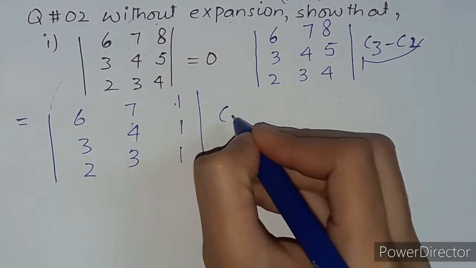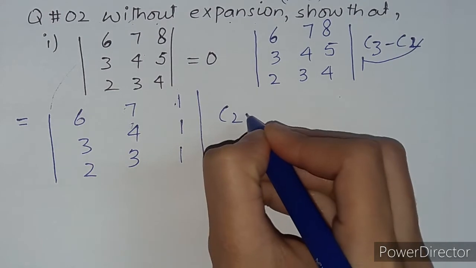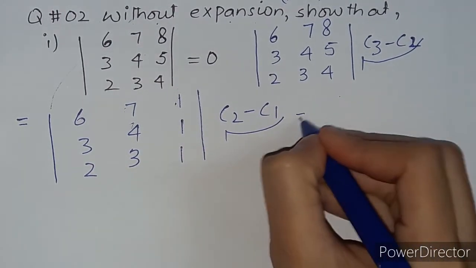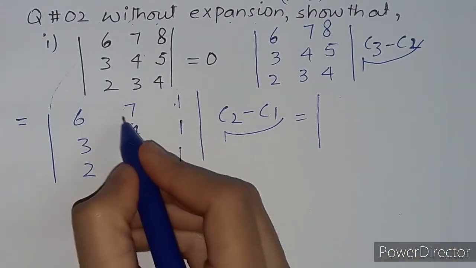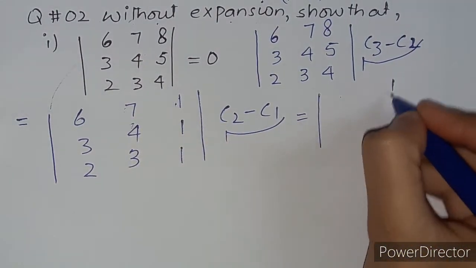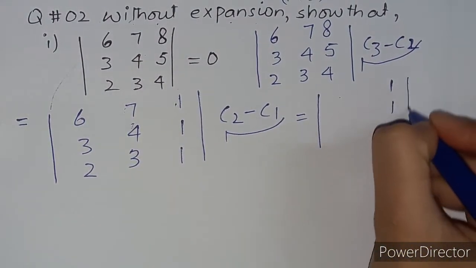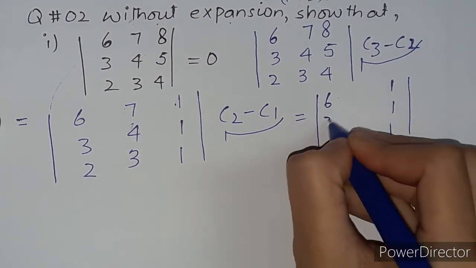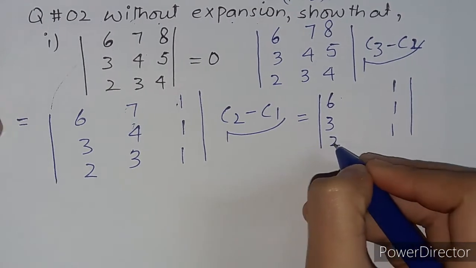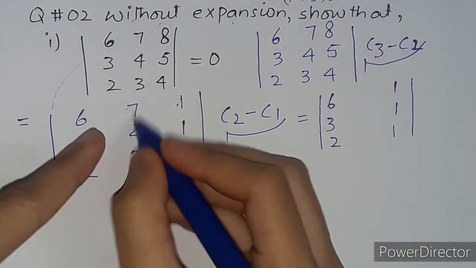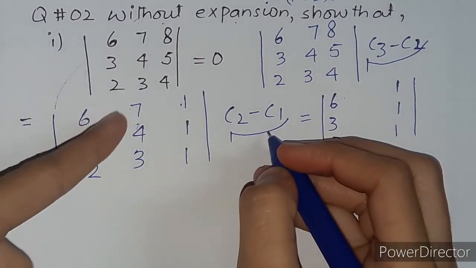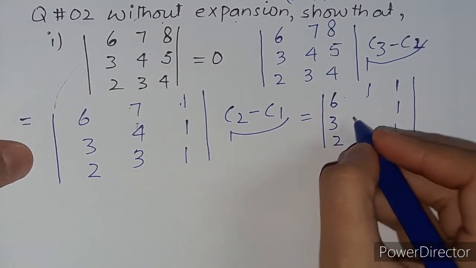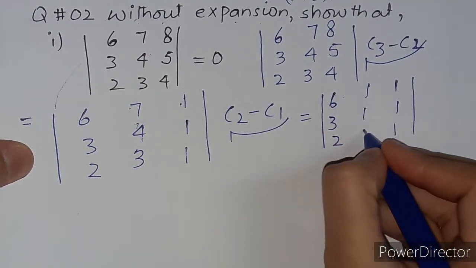Now subtracting column 2 from column 1, column 3 remains the same, column 1 remains the same, we are just changing column 2. 7 minus 6 is 1, 4 minus 3 is 1, 3 minus 2 is 1.